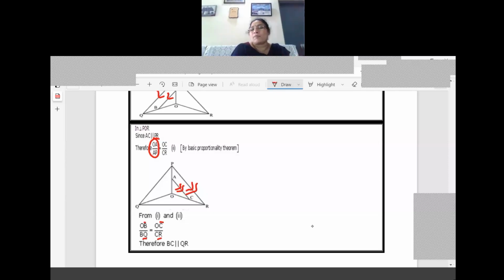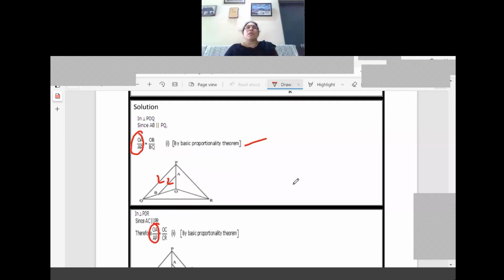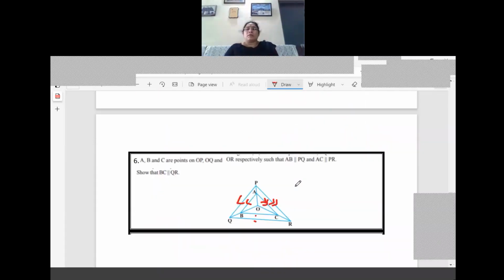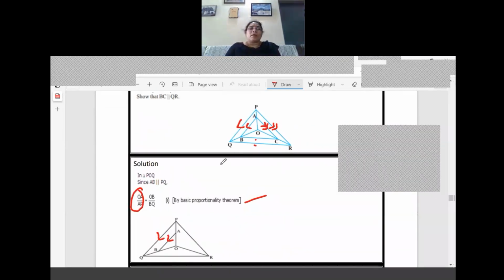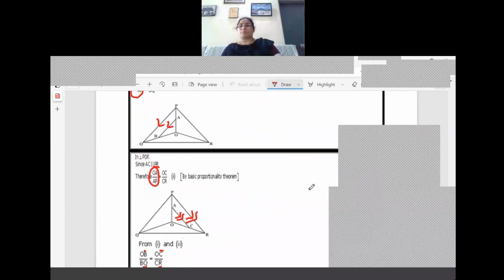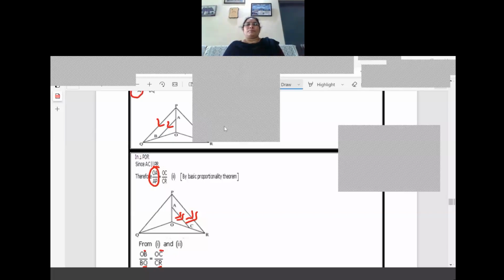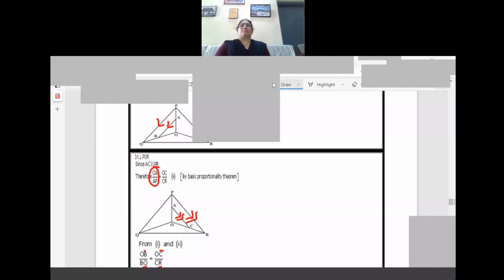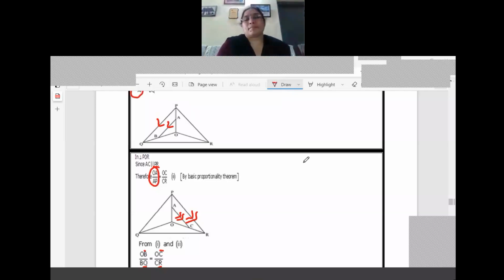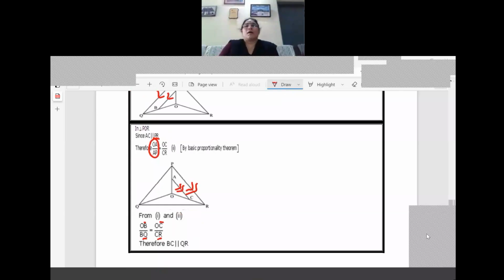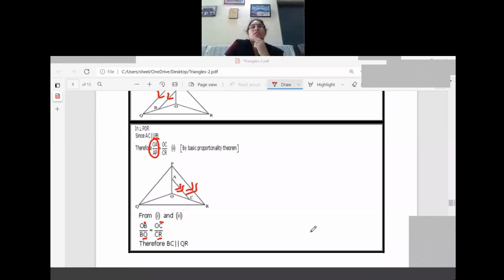Now for confirming, we will go to the diagram once again. We have got the ratio OB by BQ equal to OC by CR.